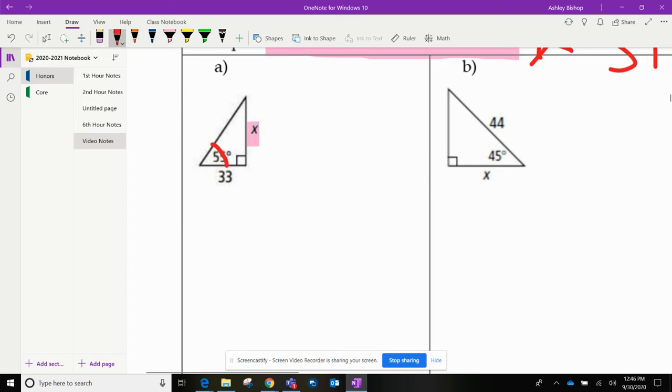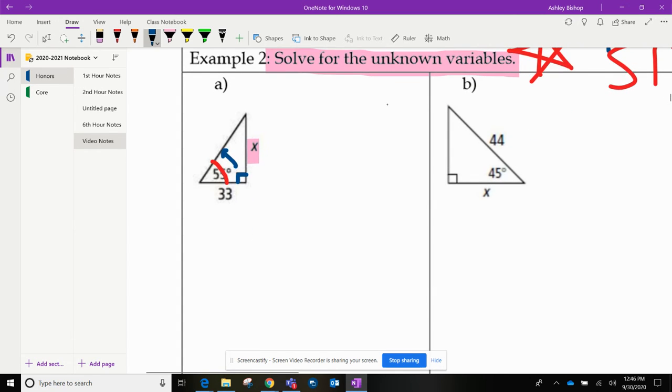So I'm going to label my sides. Here's my right angle. The side across from my right angle is my hypotenuse. Then my side opposite from my reference angle, opposite, is going to be this side over here.